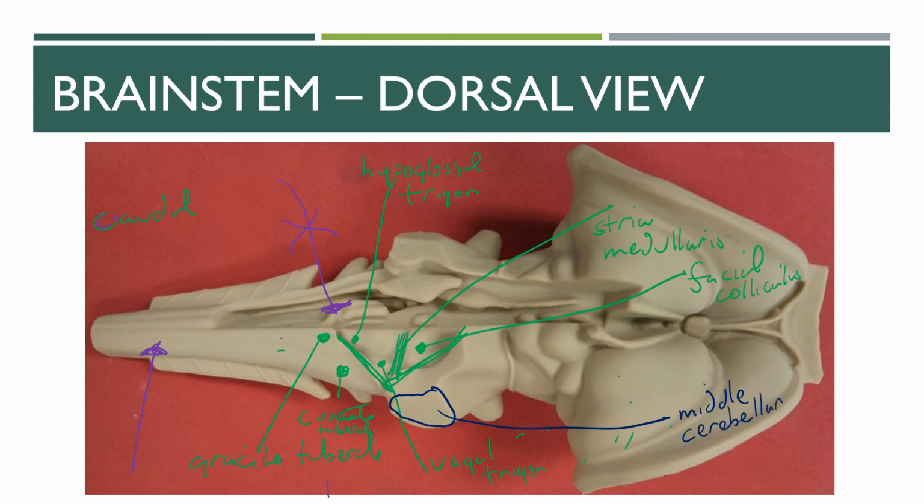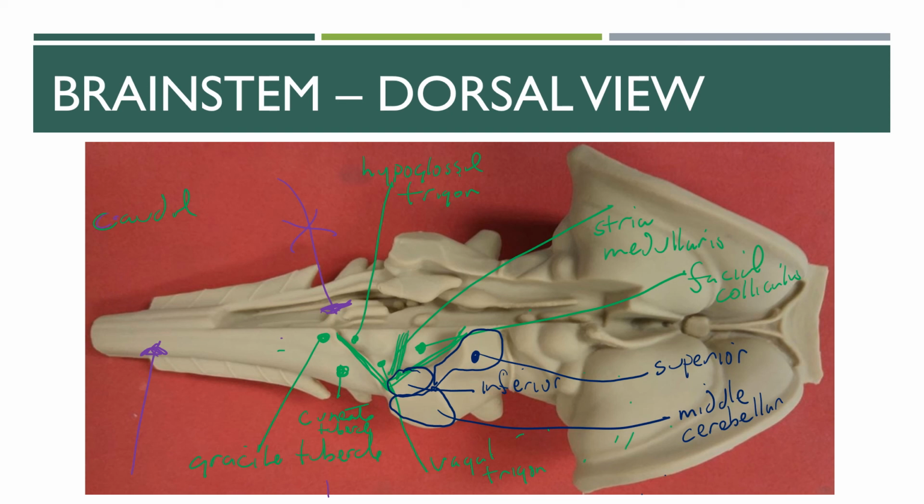The one above that is going to be the superior cerebellar peduncle. And the one below down here is going to be the inferior cerebellar peduncle. Again, identify the largest peduncle as the middle, the superior is above that, and the inferior is below that.